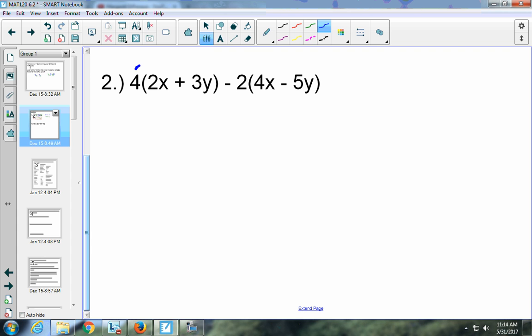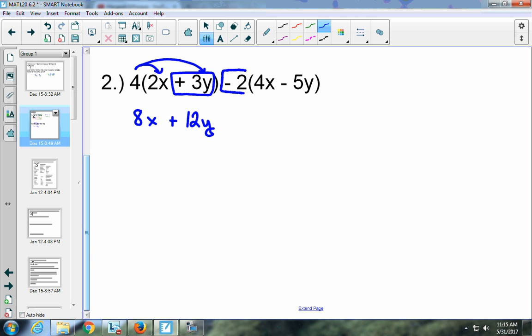So I'm going to take this 4 and distribute it to everything inside the parentheses. When I distribute, I multiply. So when I do 4 times the 2 in the 2x, I get 8, and I keep the x attached. Then I do 4 times positive 3y, keep those signs attached. That gives me positive 12y.